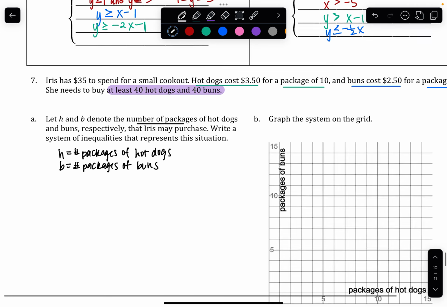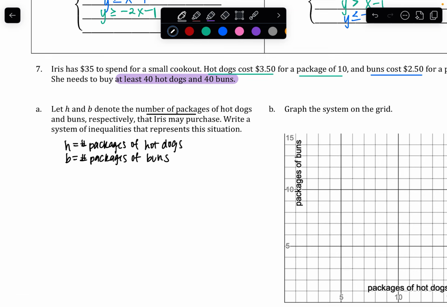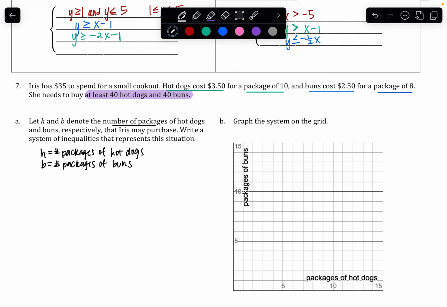It says she needs at least 40 hot dogs and 40 buns. So we know that there are 8 buns per package.